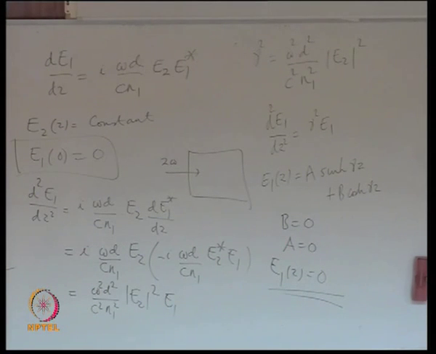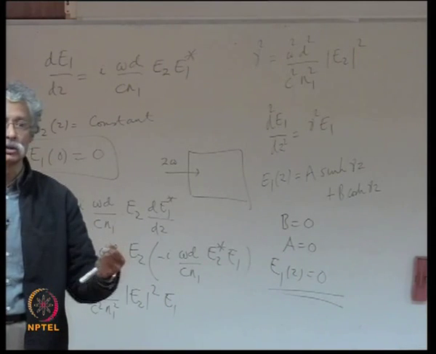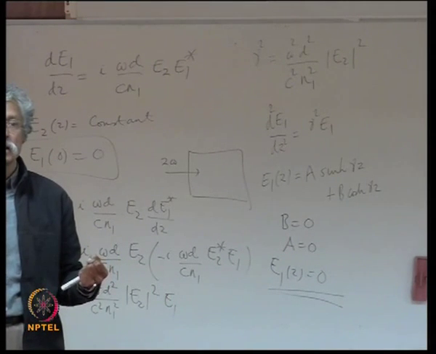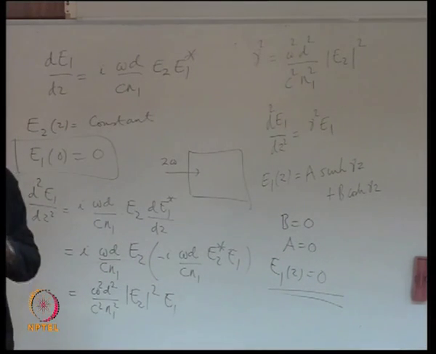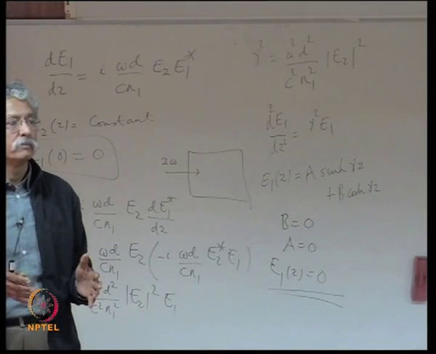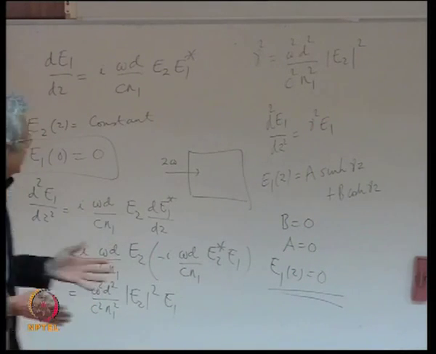It's a spontaneous process in which the 2 omega photons spontaneously split into 2 omega photons. It is parametric downconversion. It's a downconversion process because it goes from a higher frequency to a lower frequency, and spontaneously it has to happen.